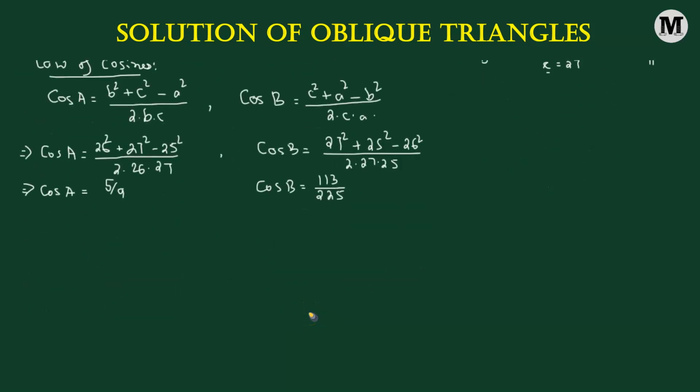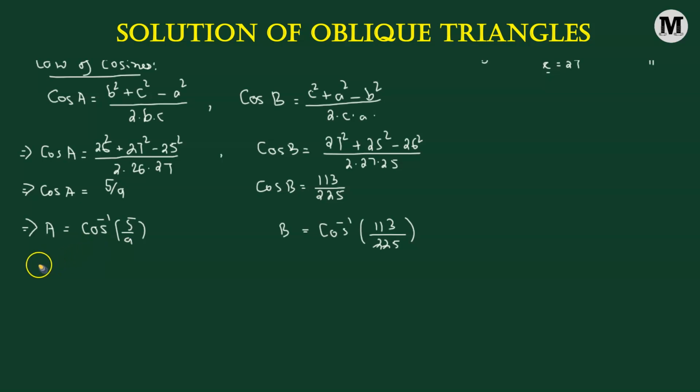But what we need here is the value of the angles. So we're going to take the inverse cosine function on both sides. A is going to be equal to the cosine inverse, or the arc cosine, of 5/9. And B is going to be equal to the arc cosine, or the cosine inverse, of 113 divided by 225.